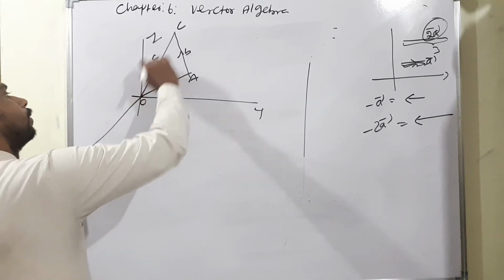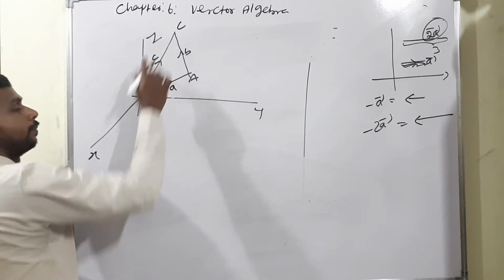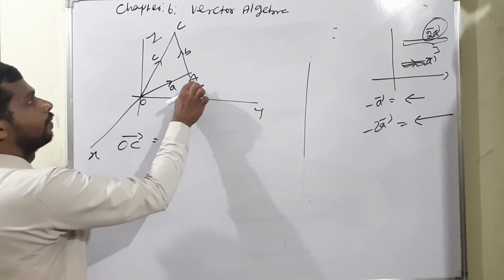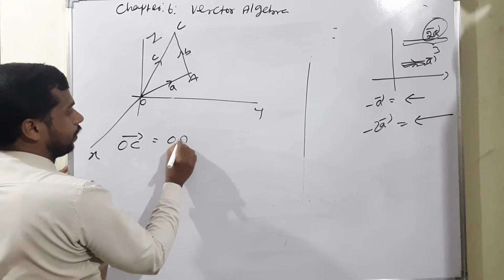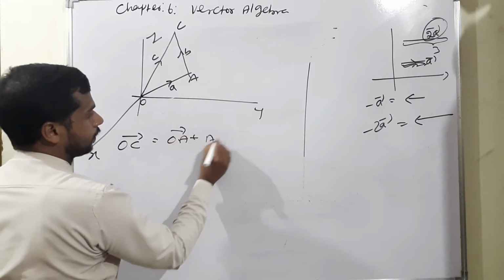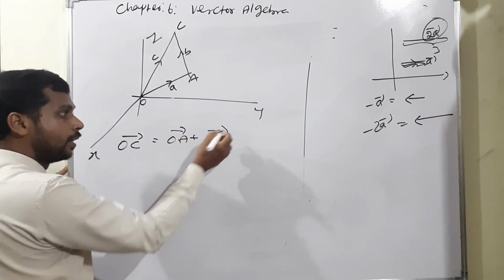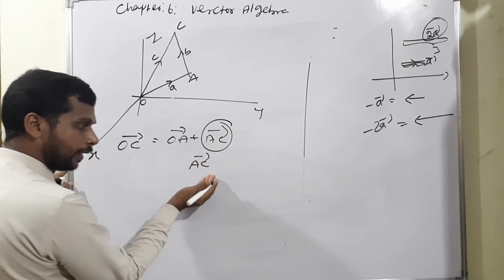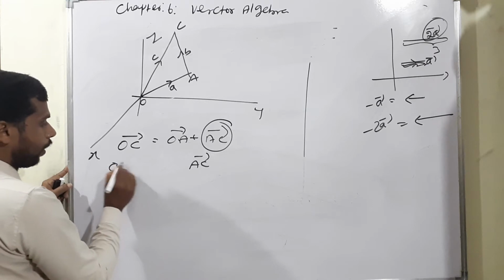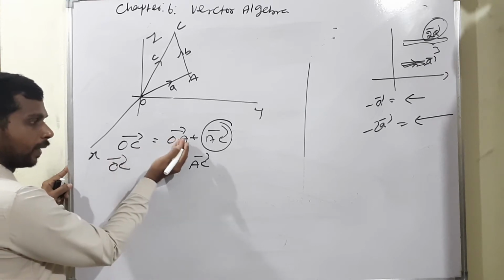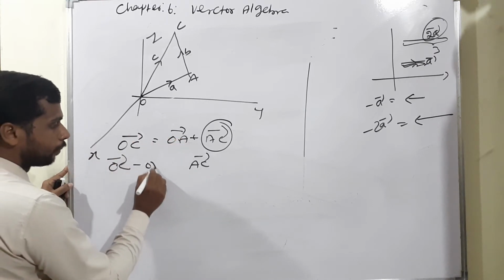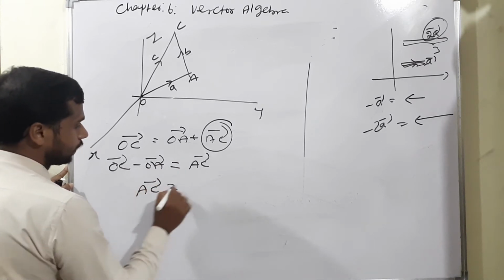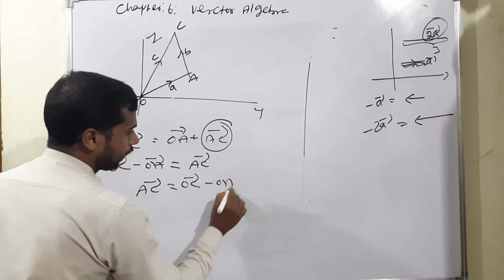Then how to find the difference between OC? The formula: OC vector is equal to OA vector plus AC vector. If we need only the AC vector, we keep AC vector on the right-hand side. Therefore, bringing OA to the opposite side, minus OA vector, AC vector is equal to OC vector minus OA vector.